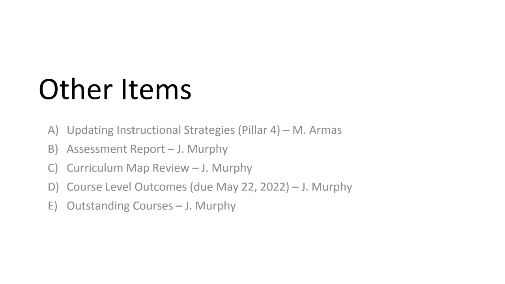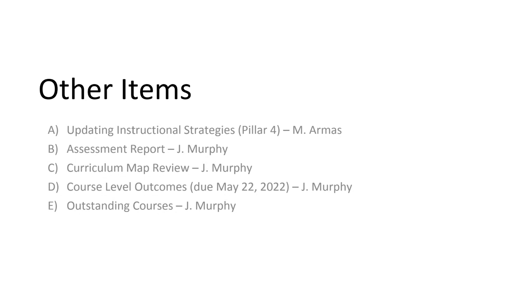For the other items, I just want to briefly summarize B and D. For B and D, it really is kind of the same thing. I want to make everyone aware, or this is actually a reminder, that the course level outcomes are due to the assessment committee by May 22nd.